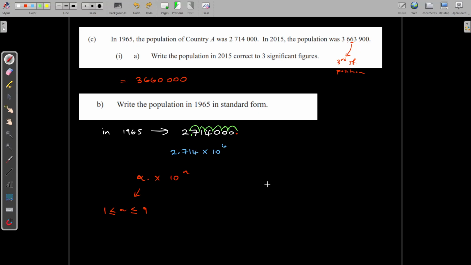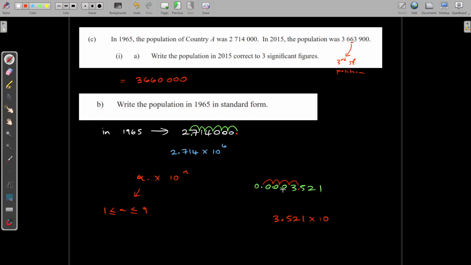So if we had 0.0003521, if we wanted to change this to standard form, we do the same thing. We'd move the decimal point until we get it to having one number in front of it. So it would be 3.521 times 10, and we moved 1, 2, 3, 4.